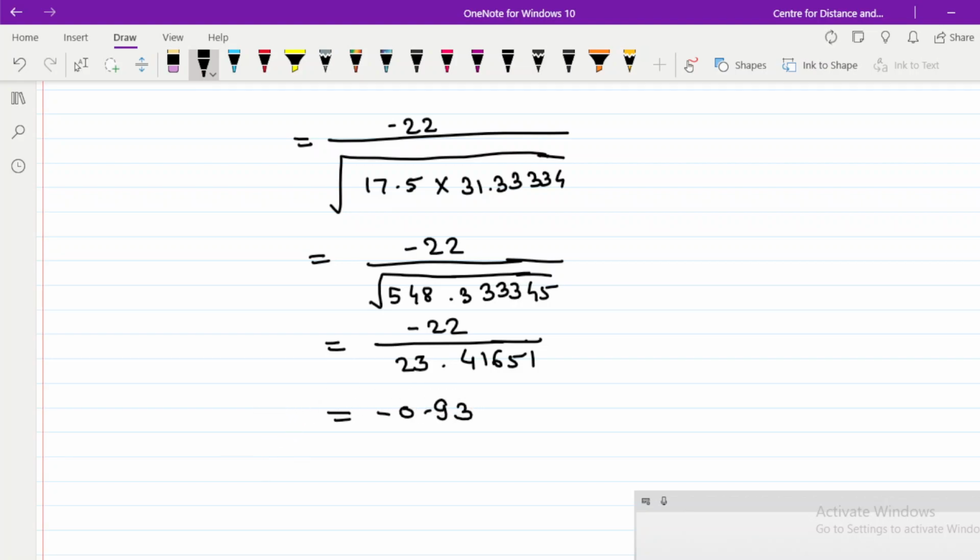That is, the value of correlation coefficient R is equal to minus 0.93.